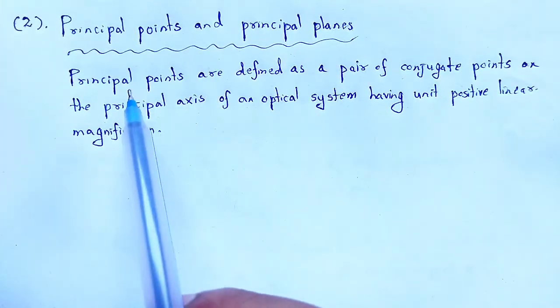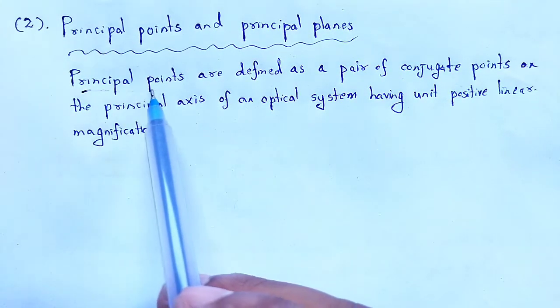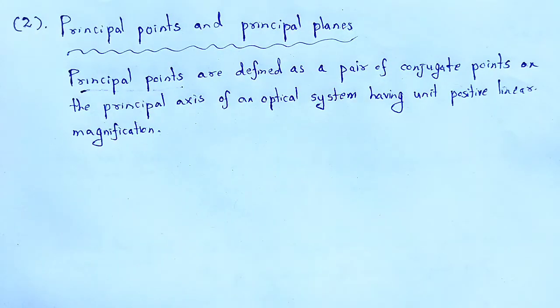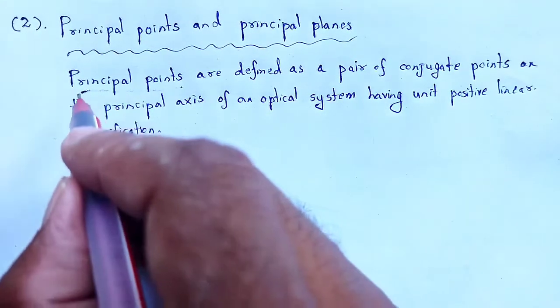Like this, the plane passed through the principal points is named as principal planes.